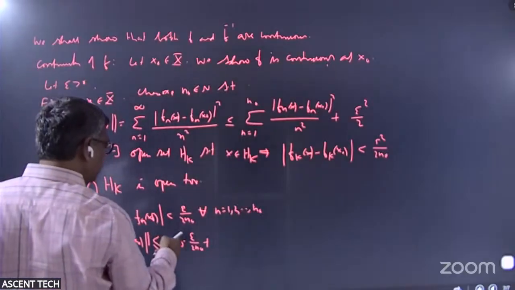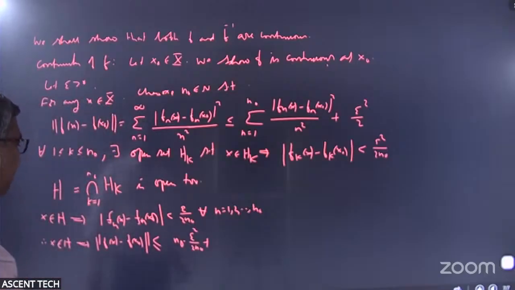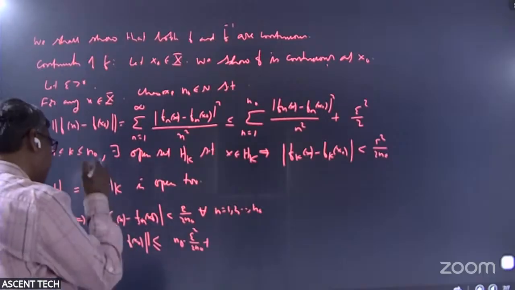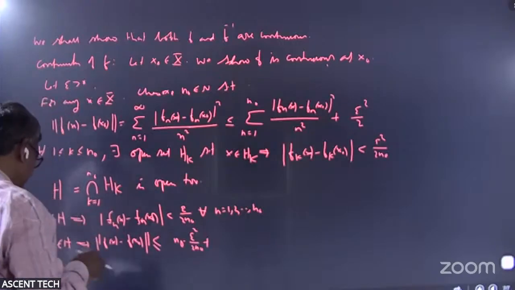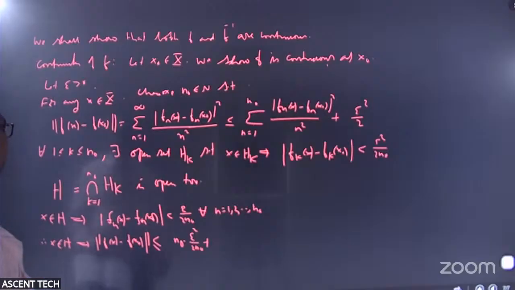So when I put the squares, n naught into epsilon squared by 4 n naught square. Doesn't matter. I can make it small, right? The n naught square is also there, but that's not an issue.